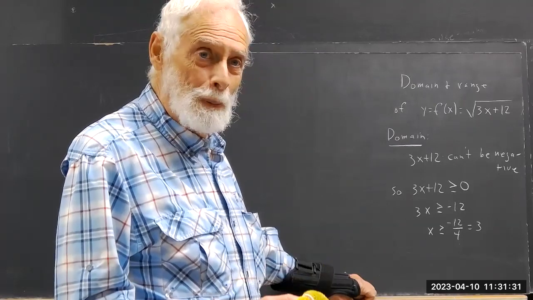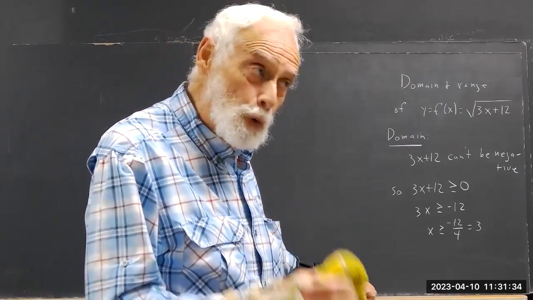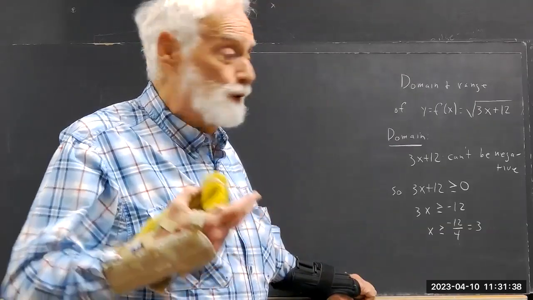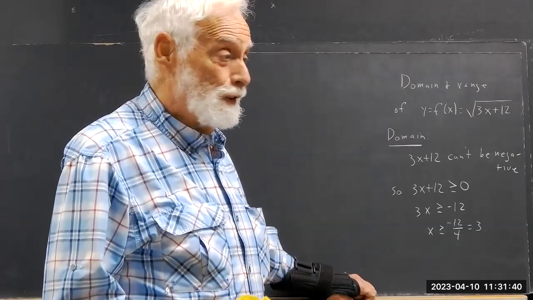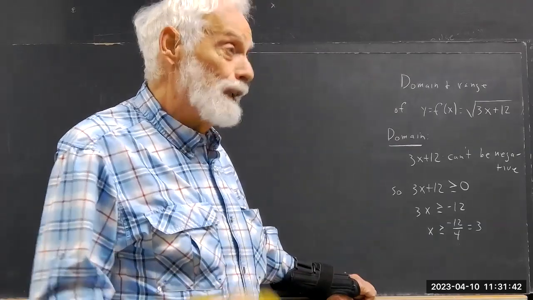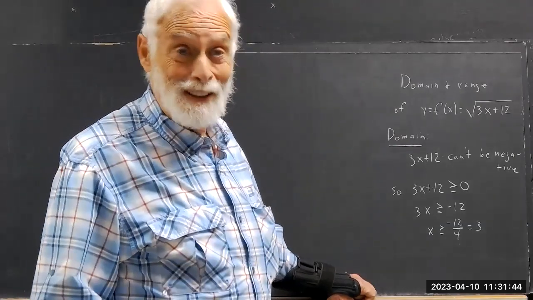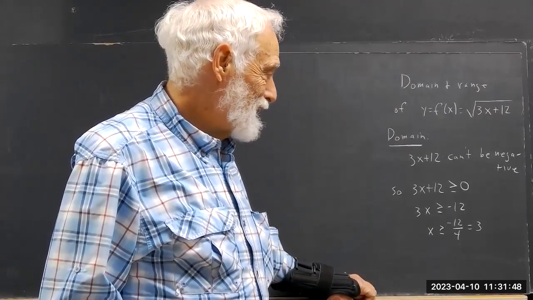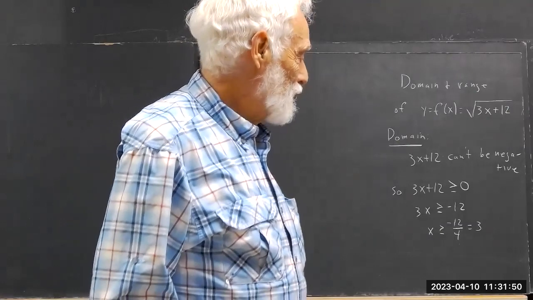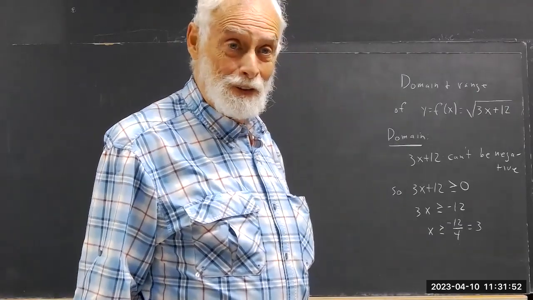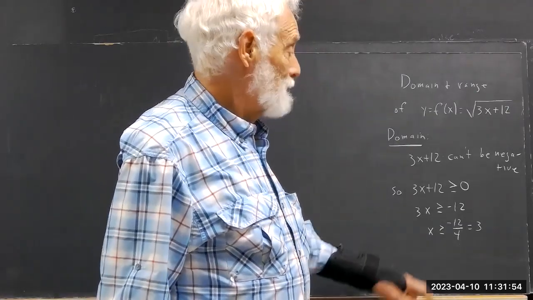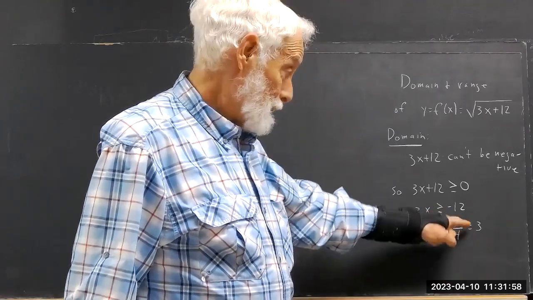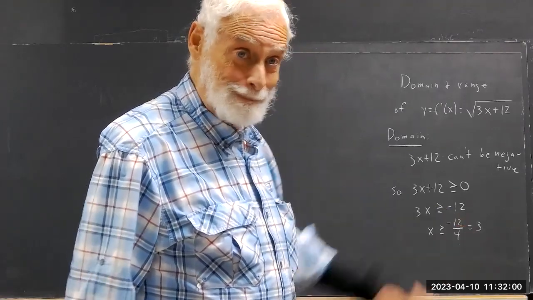Tuesday was probably my worst day of teaching ever. I couldn't think of the words. I couldn't visualize things and so forth. He said, yeah, it was like that for me in my practice because I've got the allergies too. So I don't know if I can blame it on allergies or just simple inattentiveness, but I wanted to say that 12 over 3 equals negative 4, and there's supposed to be a negative in that, right?